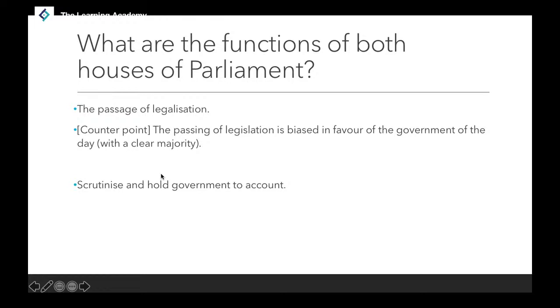The fact that Parliament's function is to scrutinise the government, and it does so using question times and committees, et cetera. There are a couple of points you could bring up. Can anybody think of anything that we could talk about? If not, I've got some points over here.